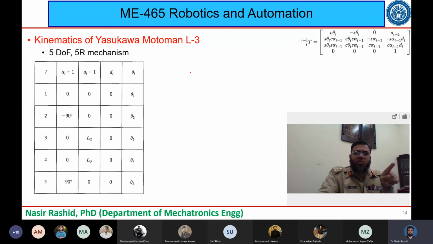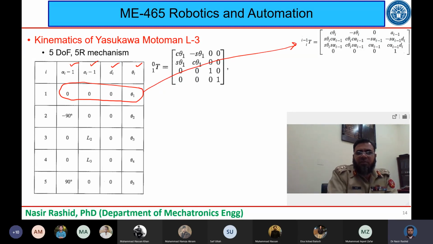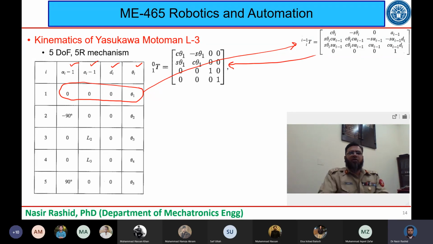Then again, taking each row of the parameters, like these parameters, taking this row, using this and coming back again. Okay, exactly as we did for Puma, we are going to do the same for this.